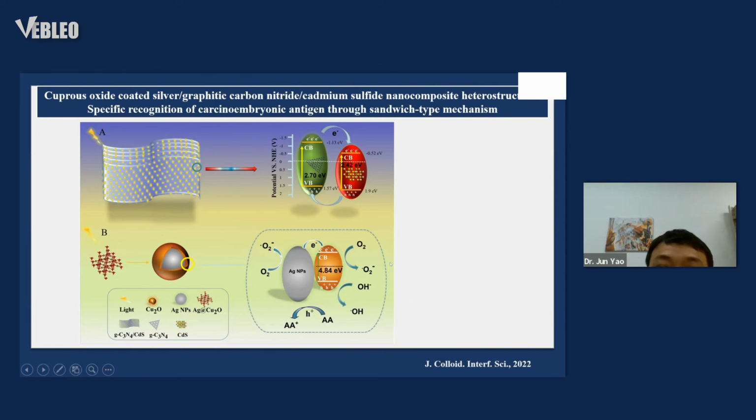How the hydroxyl radical is used and the way the electron is transferred is demonstrated deeply.